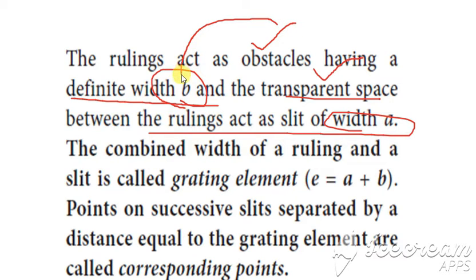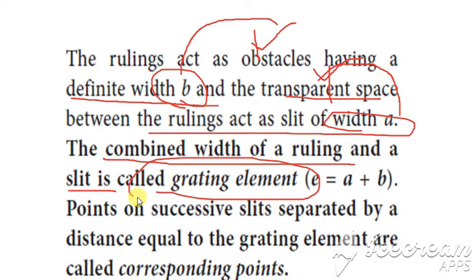The obstacle has a width B, and the transparent space has a width A. The combined width of a ruling and a slit is called the grating element. So we are adding A plus B, and we write E is equal to A plus B.